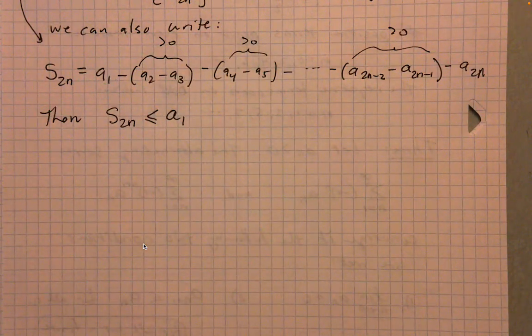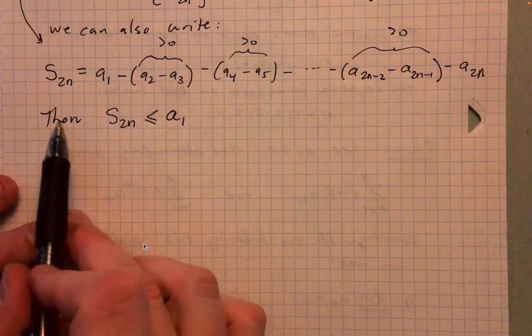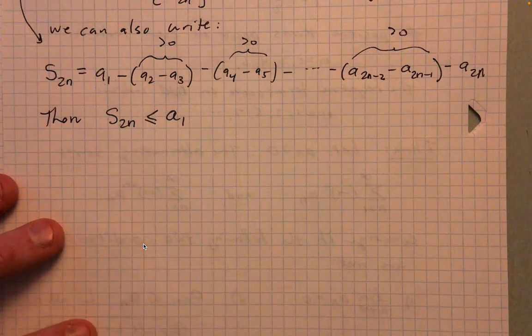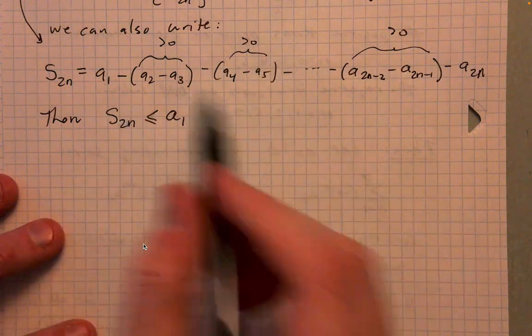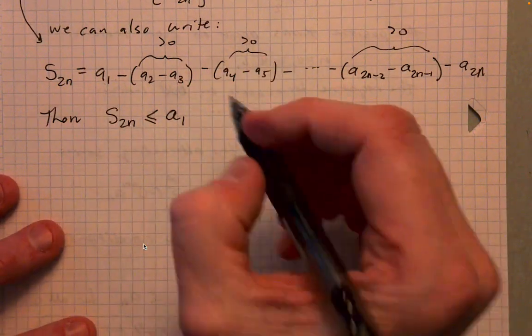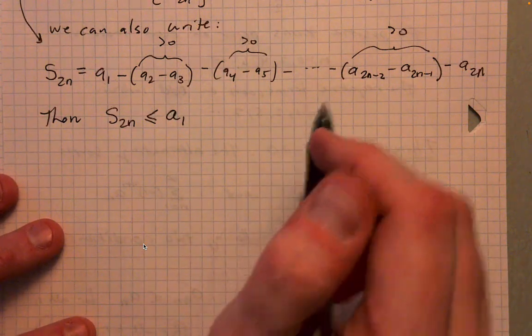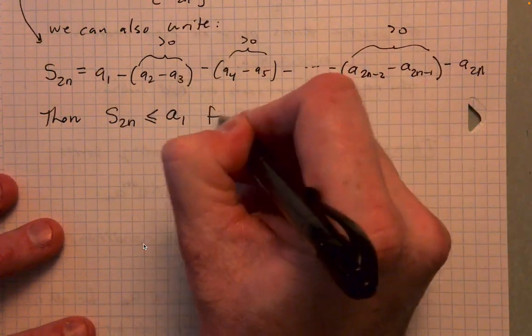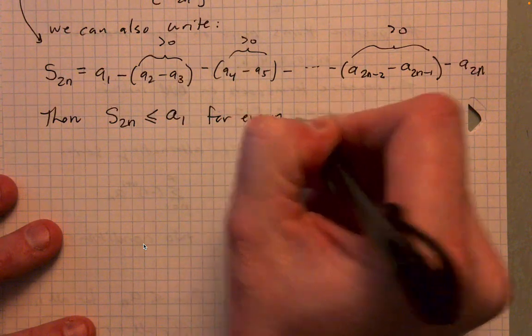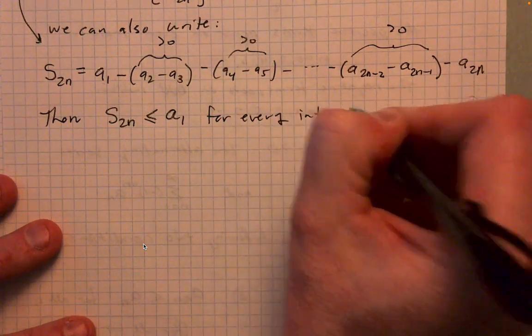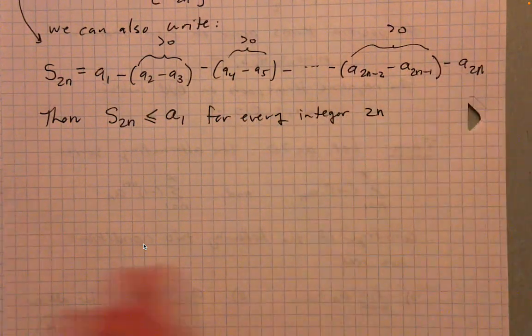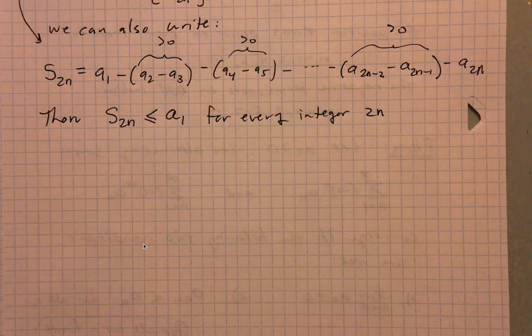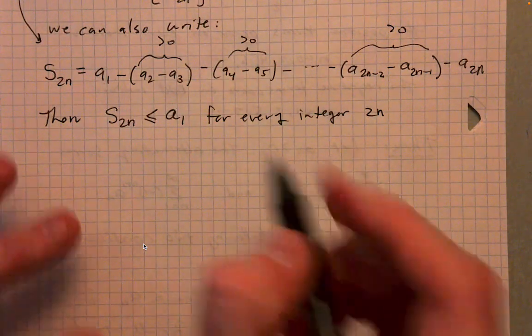Okay, so basically the partial sum S of 2n is less than or equal to the first term of the series, and this is going to be true for all n. So this is true for every integer n, right? Not just large integers, but also small integers as well. And so what does that mean?